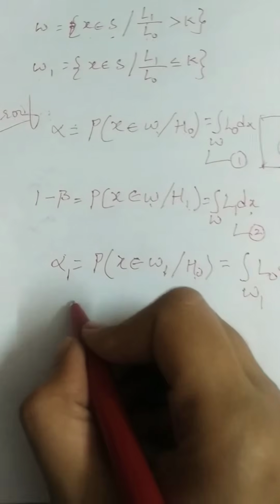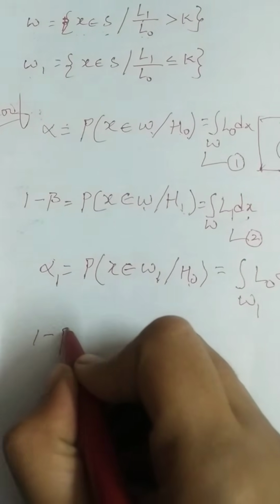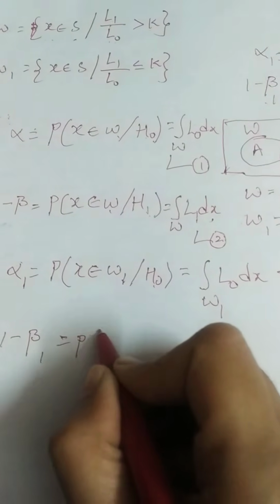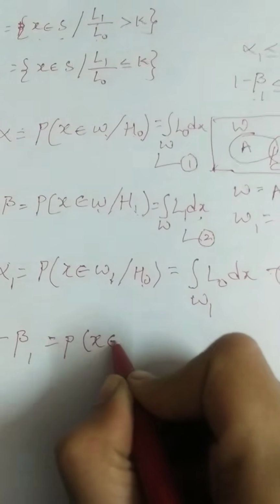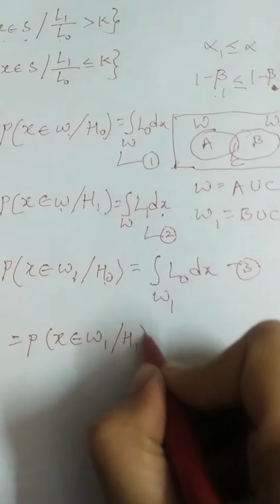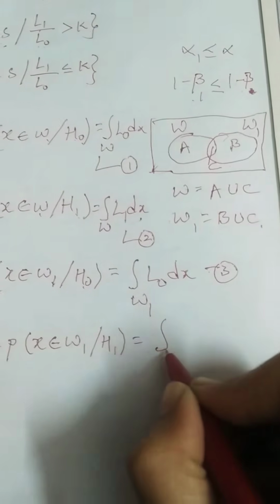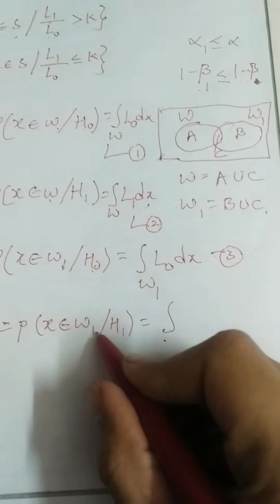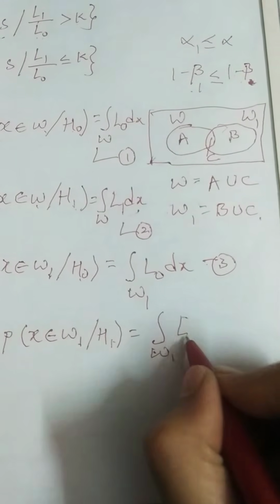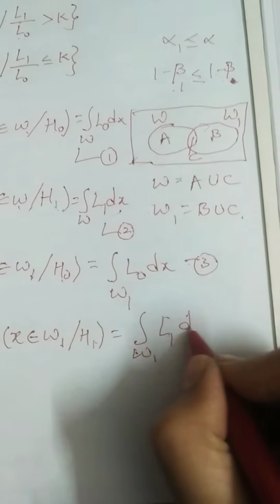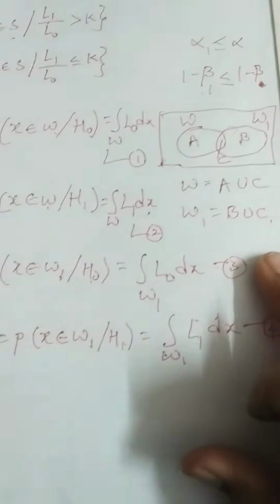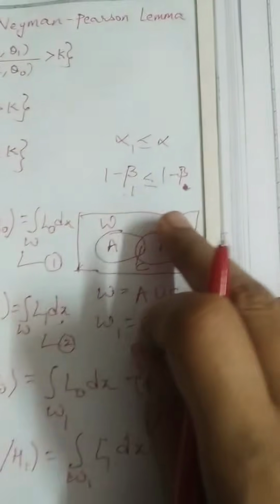And 1 minus beta 1, I hope you understand till here, is P of x belongs to omega 1 given h1, which is the integral over omega 1 of L1 dx. It is equation 4.